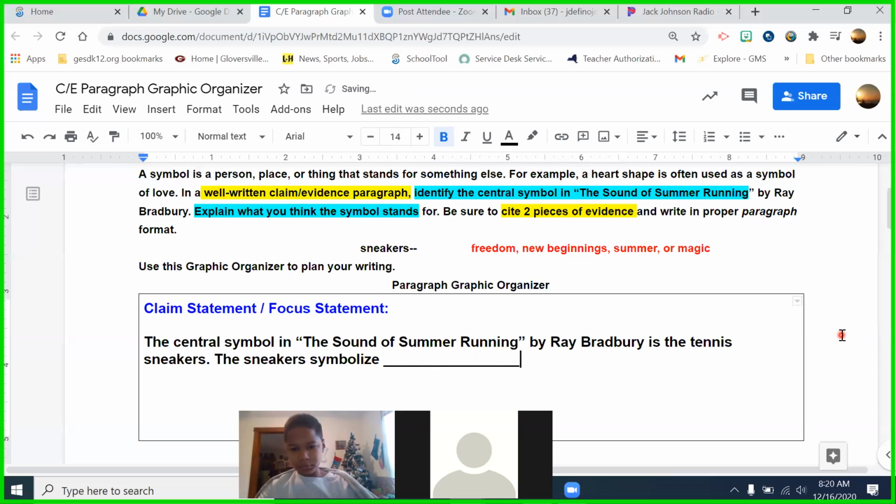You're going to put freedom or new beginnings or summer or magic to Douglas, right? Now, if you wanted to be really adventurous, you can make the sneakers symbolize something to Mr. Sanderson, and then you might say childhood. Okay. So all of you should have something like this in your first box.